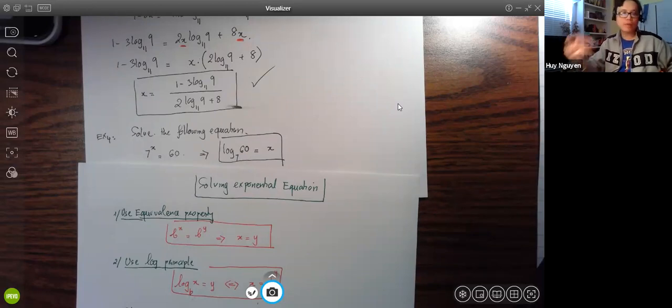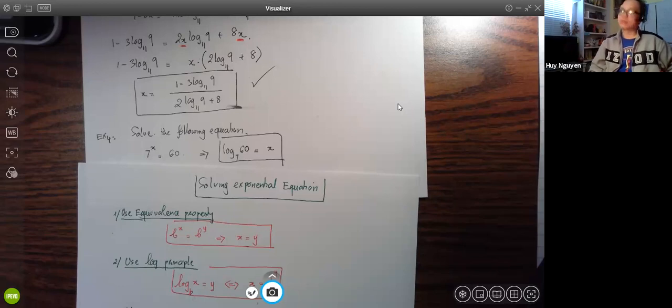Even though the log principle is one of the methods we use, I recommend that every time you have different bases, you convert them to the same one, then you just take log both sides.